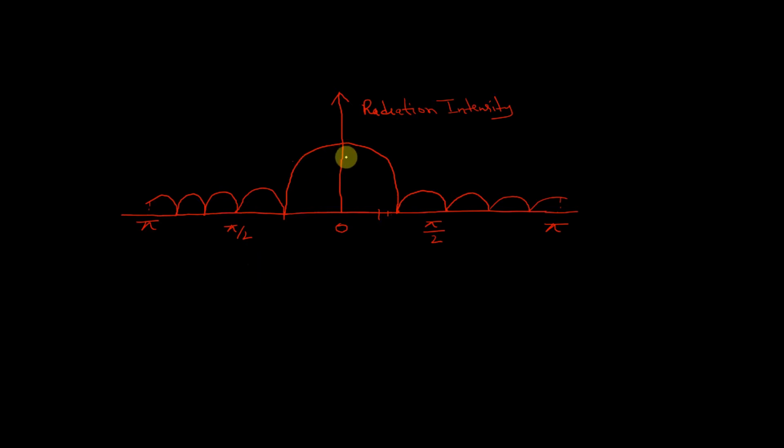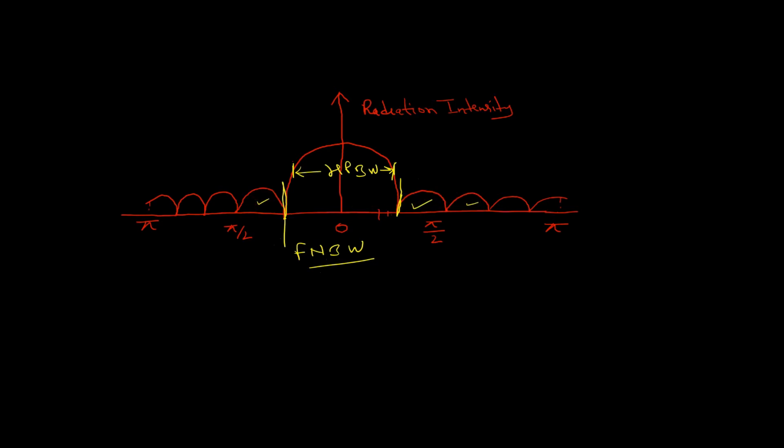So this is a major lobe, this is a major lobe, and here where this value is half, this is called the half power beam width, and this is where the first null occurs. This is the first null beam width. Okay, and these are the minor lobes.